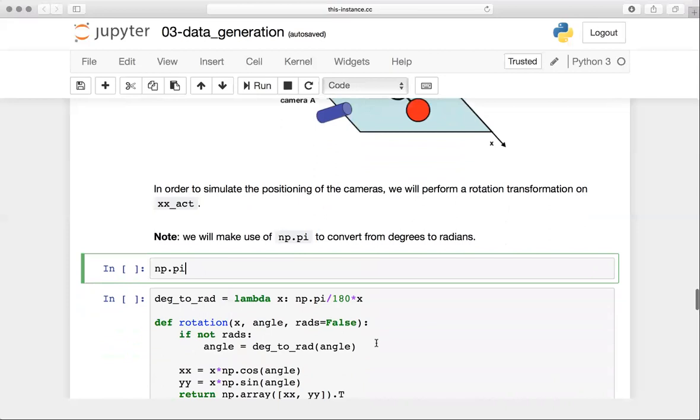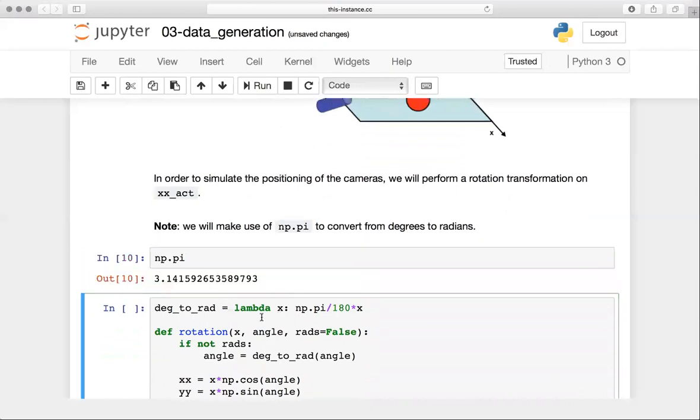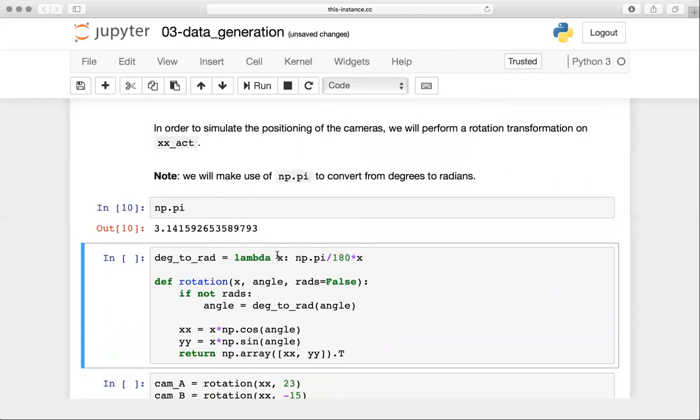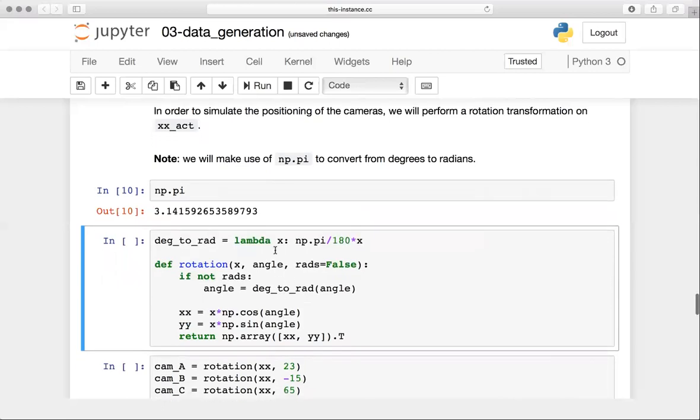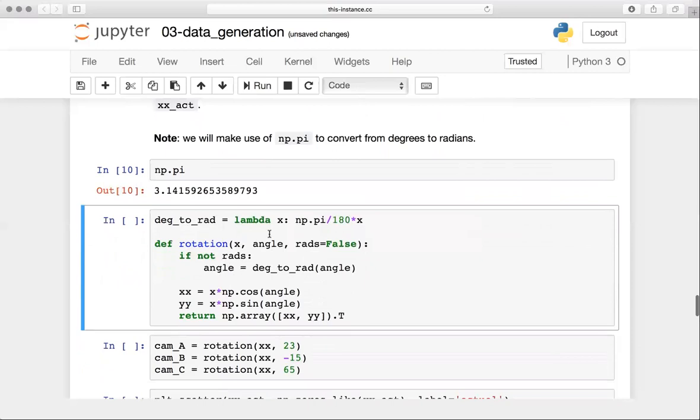So we're actually going to convert our degrees to radians using this function right here. And actually, I think it probably should be named rads to degrees, but that's fine. We're going to keep going. We are going to use np.pi, which is just built in for us, and convert these guys right here.